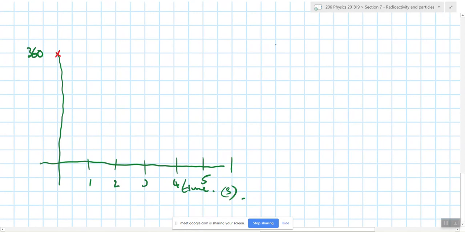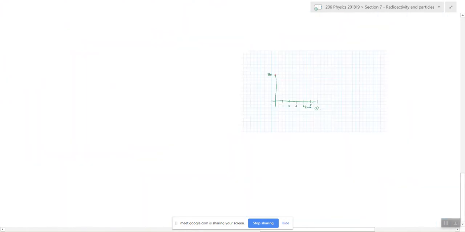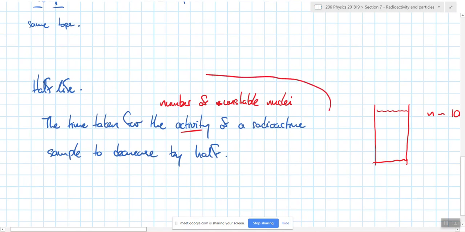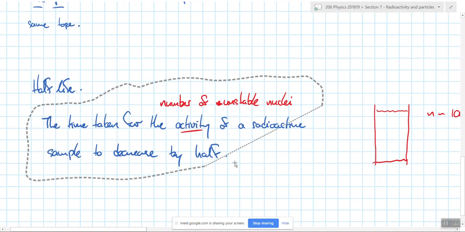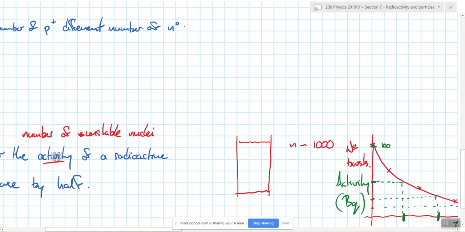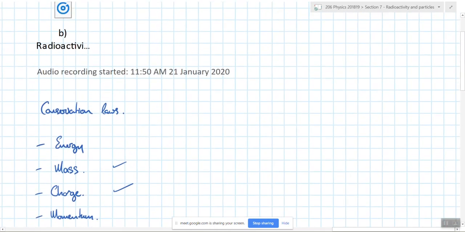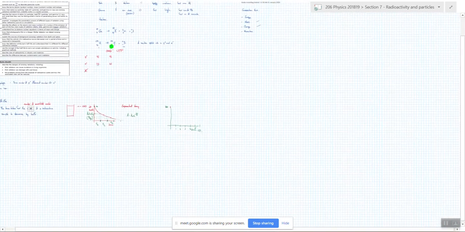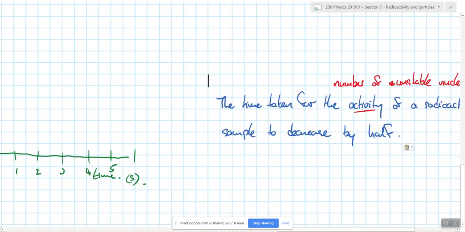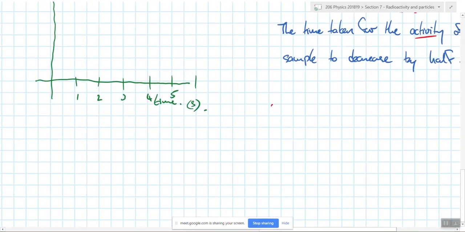And the half-life is the amount of time that it takes for the number or the activity to decrease by half. So after 1 second, how many of those things would we have left? After 1 second, if you start off with 360, you'd expect, oh, well done, one of you is awake.